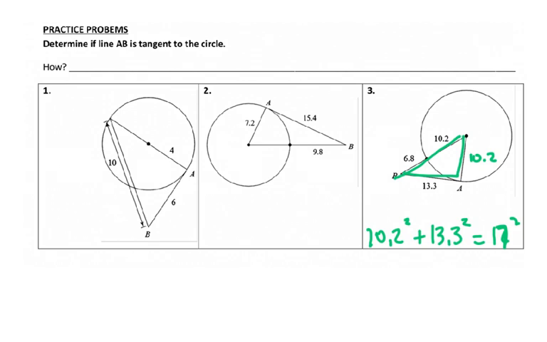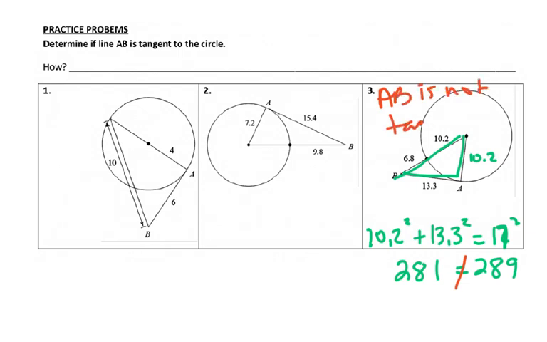See if that's equal. With the decimals, it's about 281 on the left-hand side and 289 on the right-hand side. Since that is not equal, AB is not tangent. Oops, I forgot to answer those questions. What we just did is see if the tangent is perpendicular to the radius.